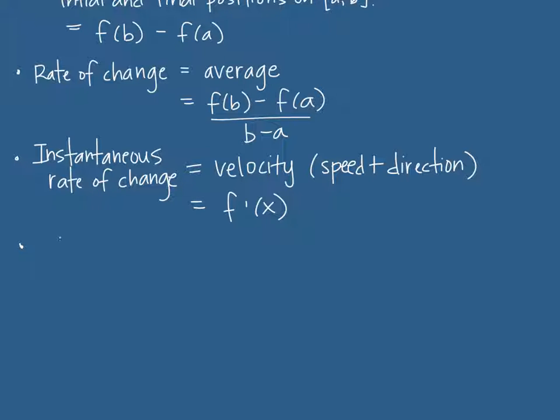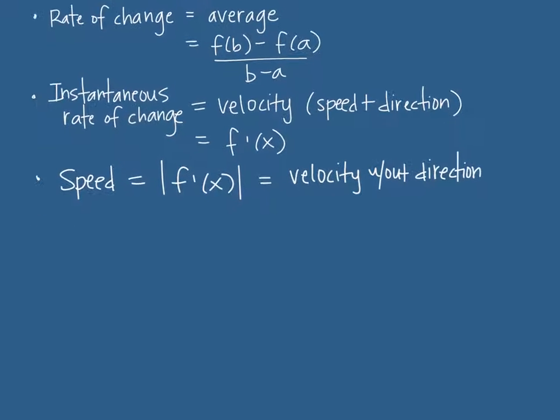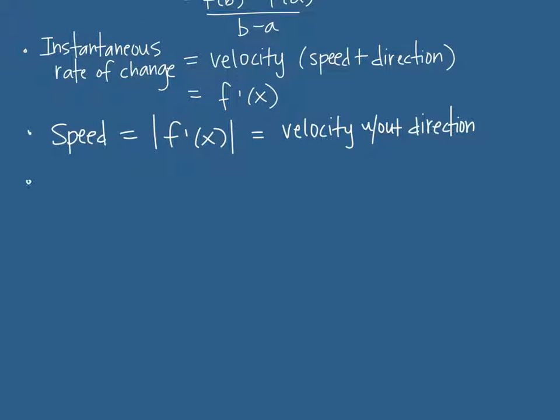We've already talked about speed as well. Speed is the absolute value of the first derivative. It's velocity without direction. So it's always going to be positive no matter what. Then in physics, you've got the next derivative, which is acceleration.